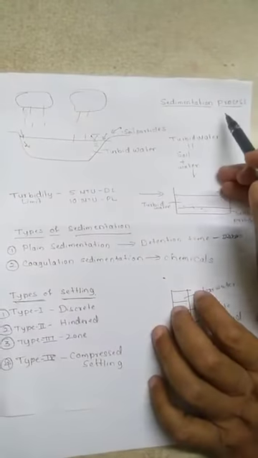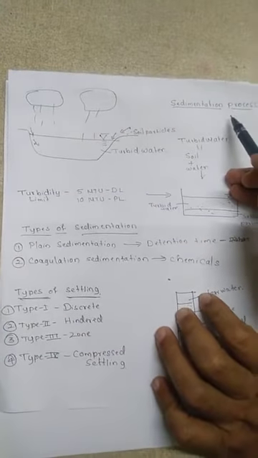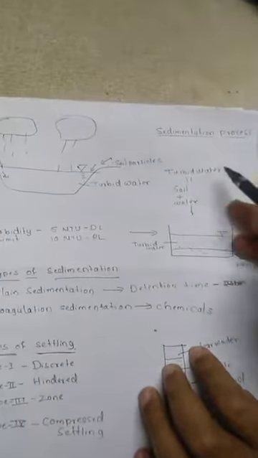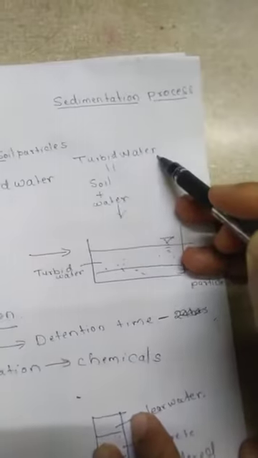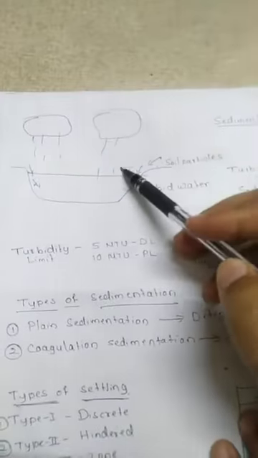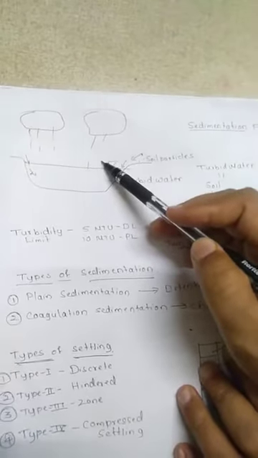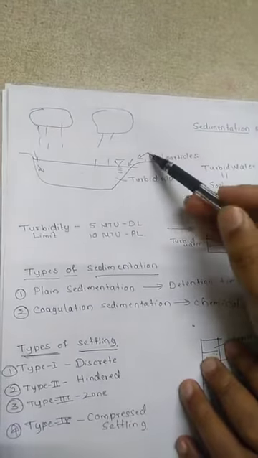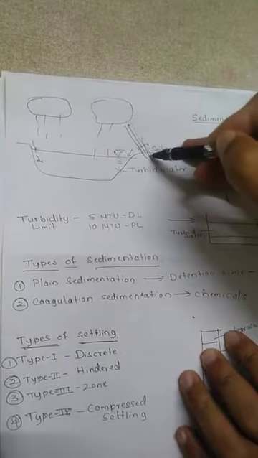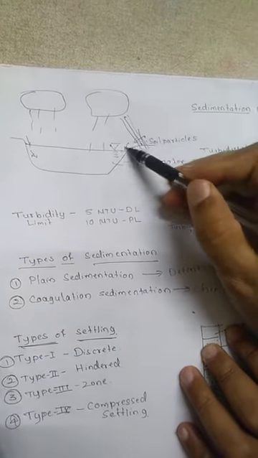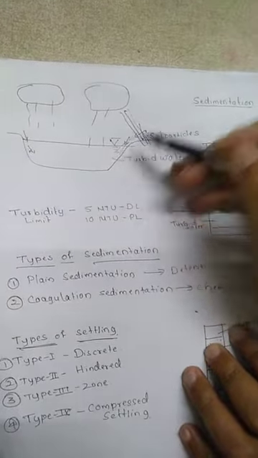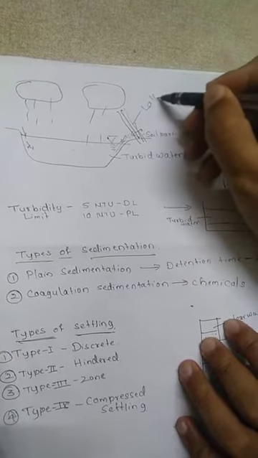Regarding the sedimentation process, first of all we need to know what turbid water is, and we get this turbid water from precipitation. Precipitation is nothing but rainfall. When the rainfall occurs, the precipitation first flows down on the land surface and then enters the water source, which might be a lake, a river, anything.